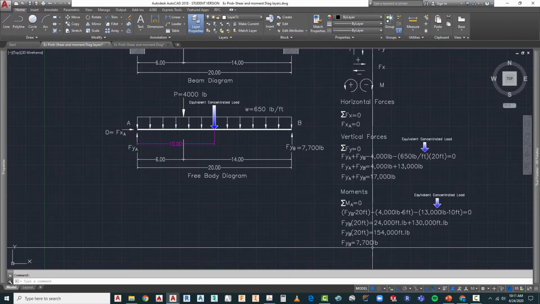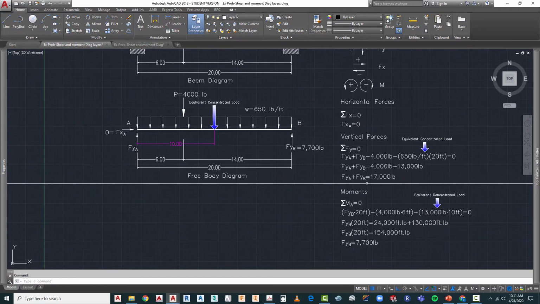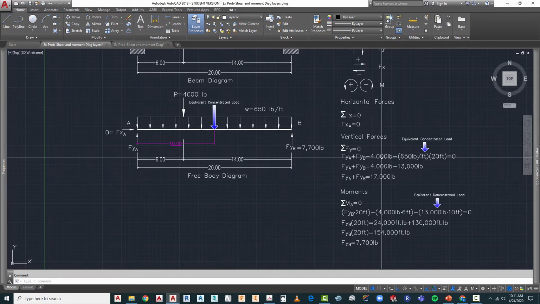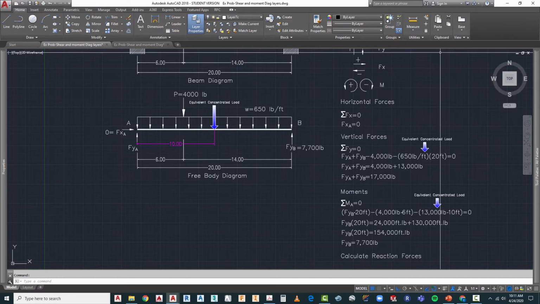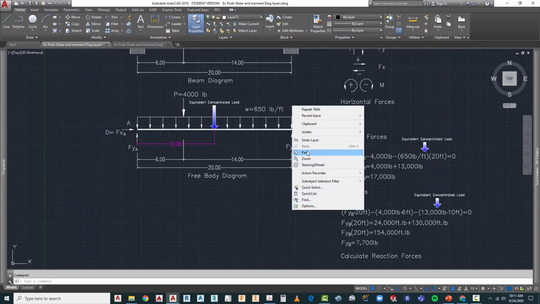So what we've actually done right now is we've solved for one of the two variables in our previous equation for the summation of vertical forces. So all we really need to do now is finish calculating our reaction forces.